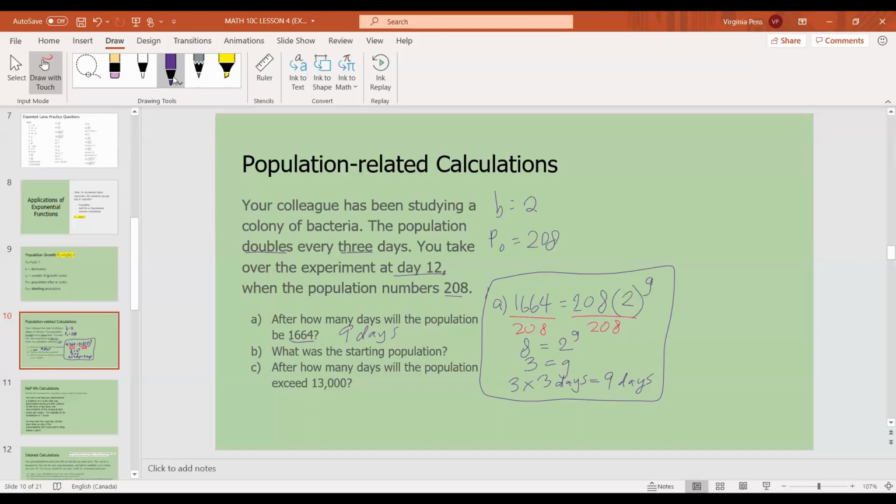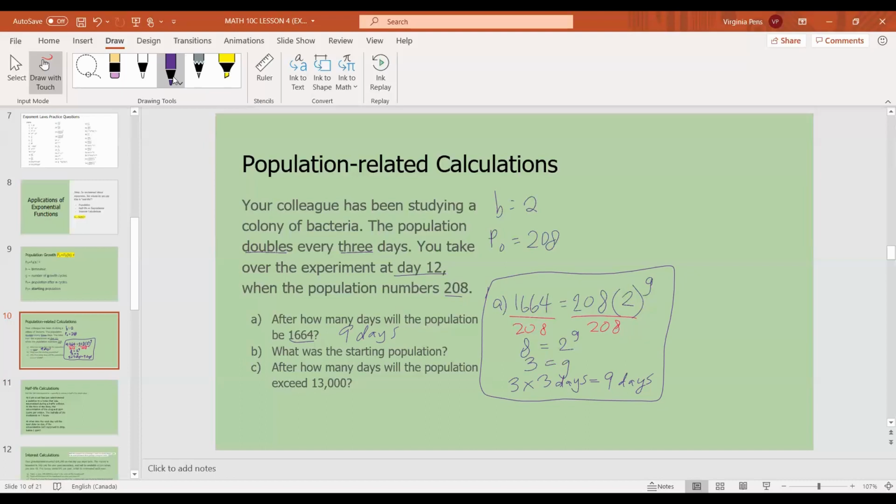Next, we're given B. So what was the starting population? All right. So over here, you're finding the actual P0 value. Let's see. Oh no, you're not looking for the P0 value. Sorry, you're looking for the Pn value.